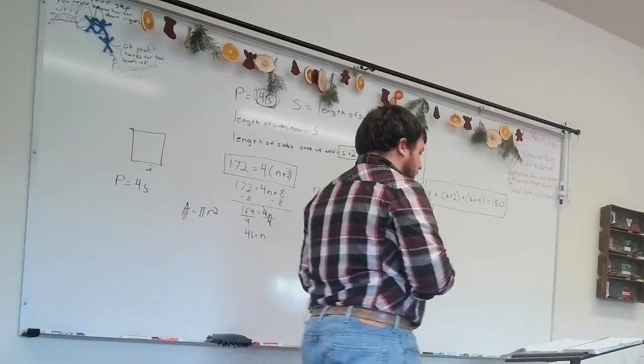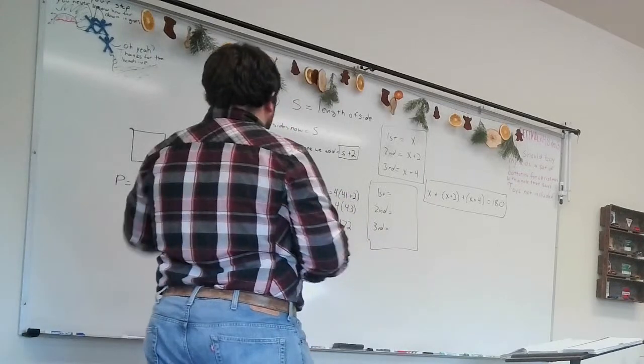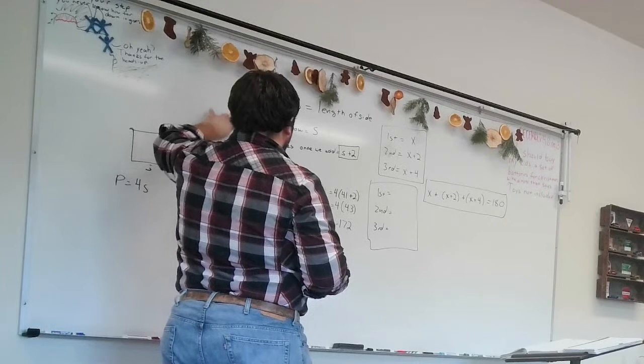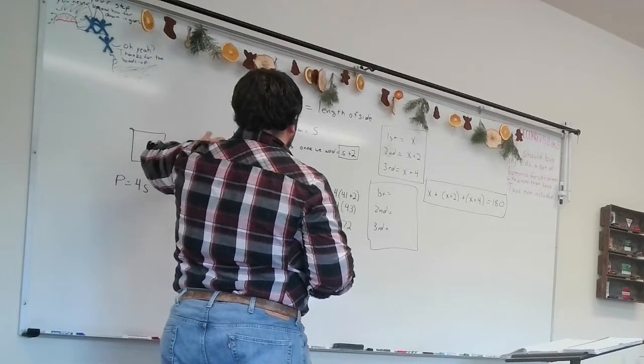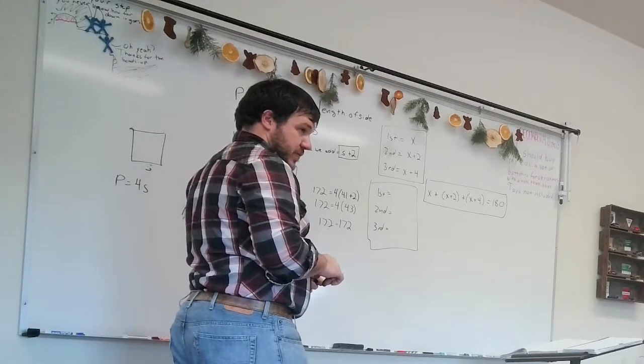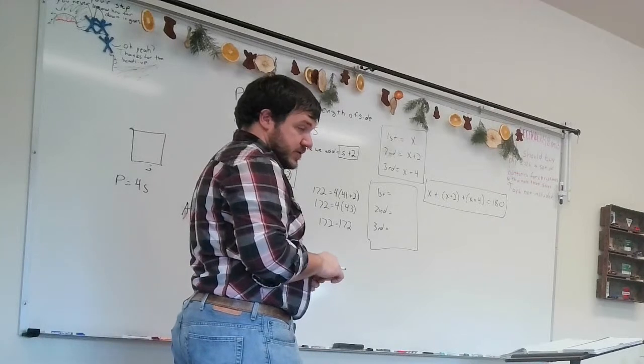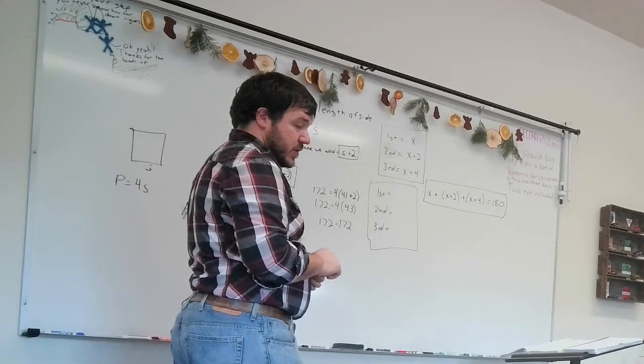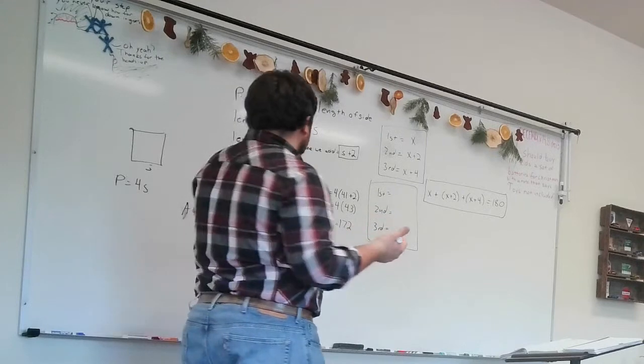I would just set it up like that. This is your formula. Sides now, sides once we add. That's the information that I want. You have to make sure that you mention that this is what our length of sides now is.